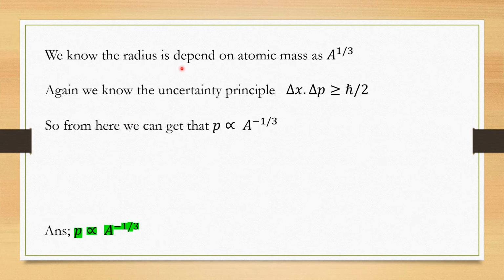We know that the radius depends on the mass number as A to the power 1 by 3. Again, by the uncertainty principle, delta x delta p is greater than or equal to h cross by 2. From here we can find that delta p is inversely proportional to delta x. So P is proportional to A to the power minus 1 by 3. So the answer will be P proportional to A to the power minus 1 by 3.